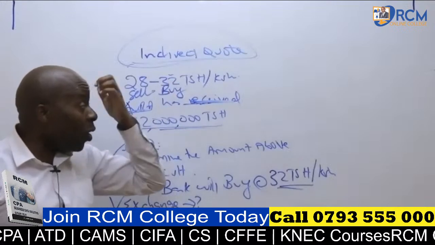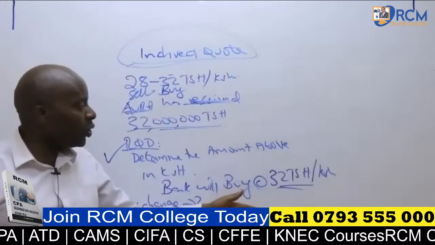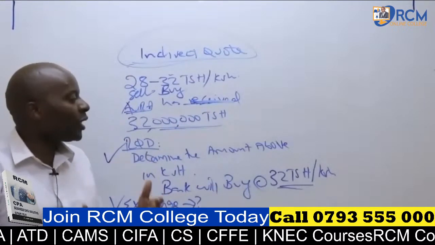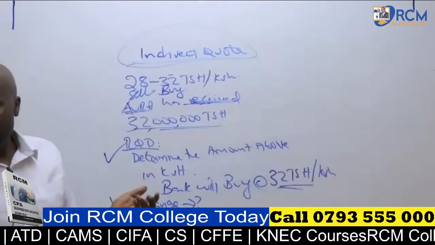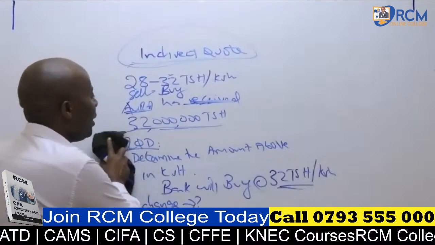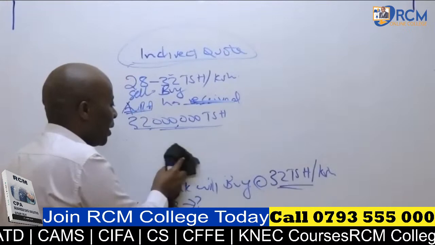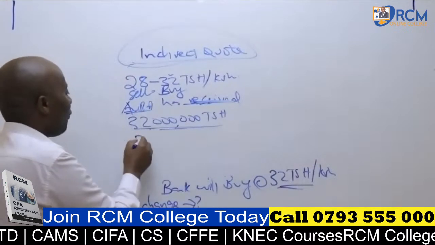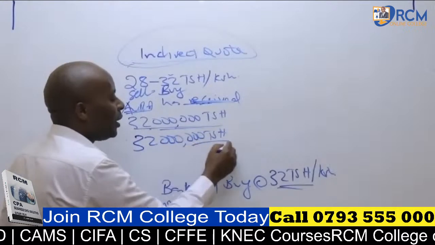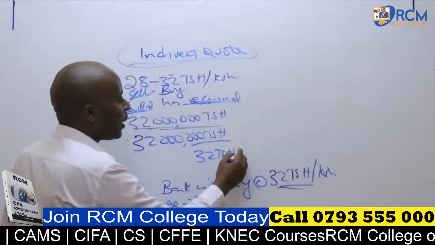The only way out is to divide by the exchange rate so that the Tanzania shillings cancel out, and we'll be left with Kenya shillings. So ladies and gentlemen, I'll divide. The final answer here will be 32 million Tanzania shillings divided by 32 Tanzania shillings per Kenya shilling.